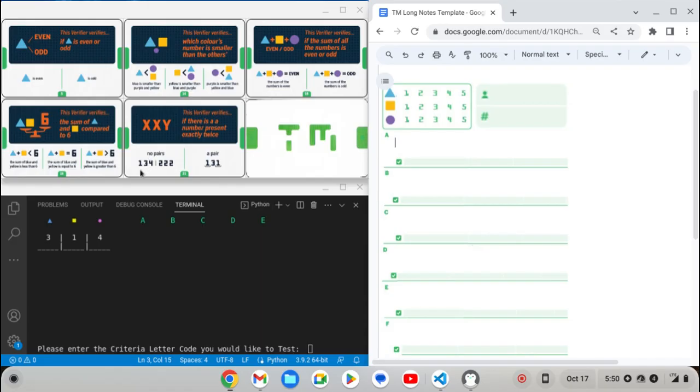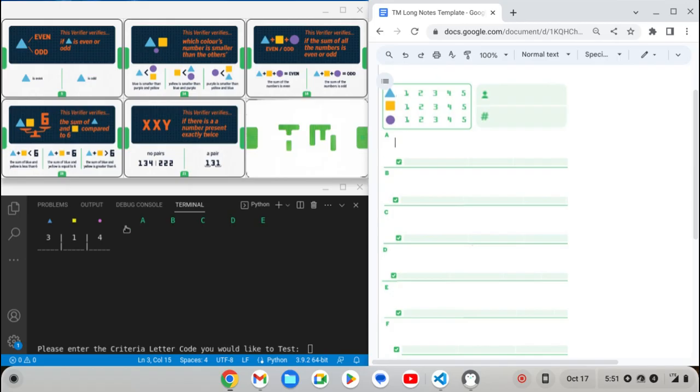One where all the digits are different, as in the example 134, or all the digits are the same, as in the example 222. And remember, the objective of today's puzzle is to find that unique 3-digit code that abides by all of the 5 criteria cards we just discussed.